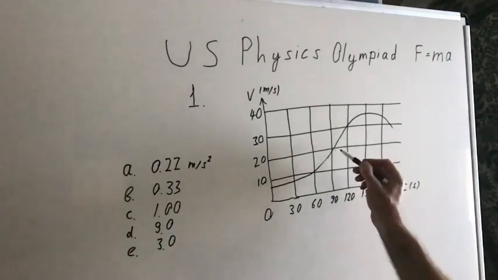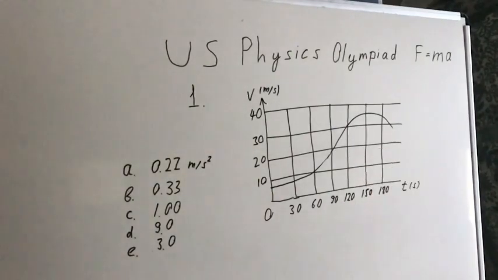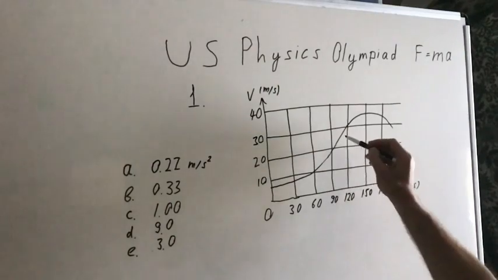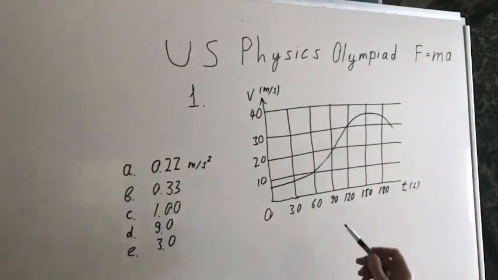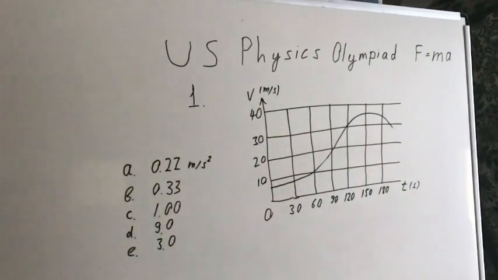So to calculate the slope at 90 seconds, we can just draw the line between this point at 60 seconds and 120 seconds, and find the slope.